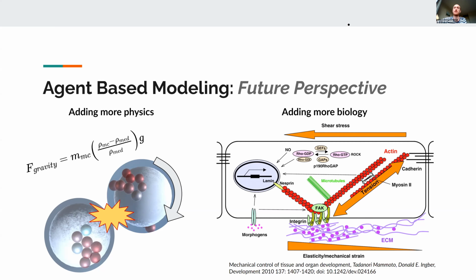But one thing to mention is that if you add more complex models or add more stuff to the model, this comes with a cost on the computational side. So we need to decide which ones to add and which ones not to add. And that's the future perspective for this part. So then I'll give the stick to Simon again.